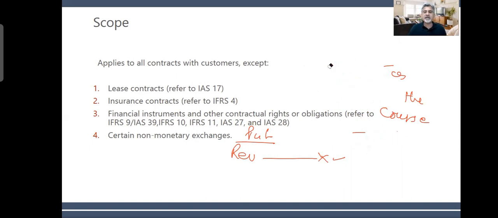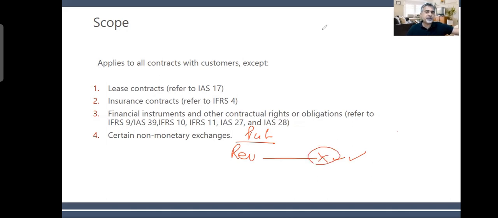Core activity means that if you are a construction company, every time you earn some revenue by completing a construction contract, it comes here. If you are a furniture manufacturing or furniture selling company, showroom, every time you manufacture or sell furniture, the benefit you receive comes into revenue.